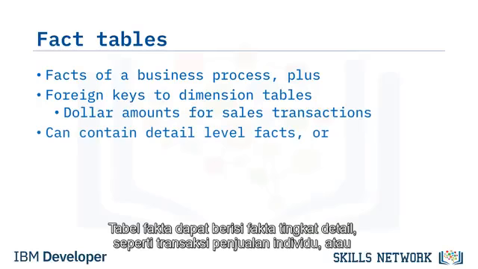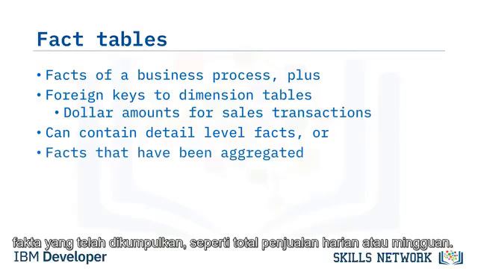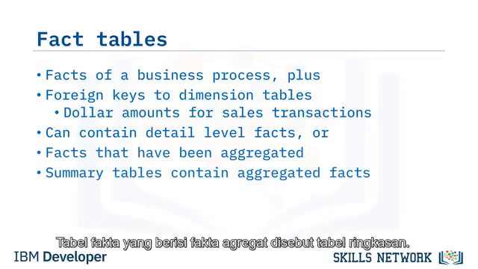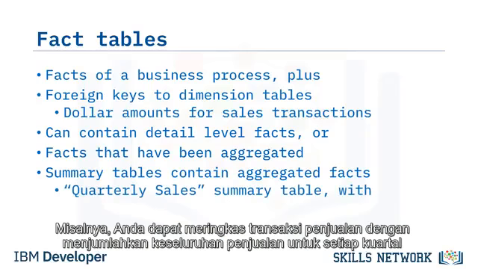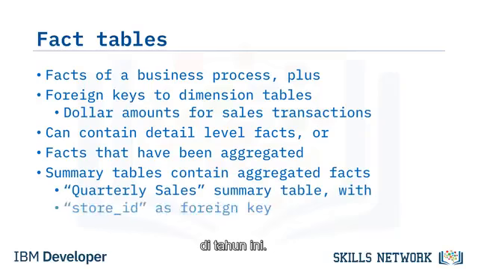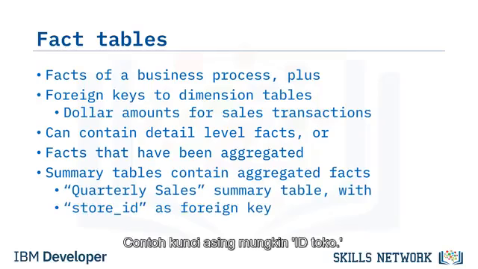A fact table can contain detail-level facts, such as individual sales transactions, or facts that have been aggregated, such as daily or weekly sales totals. Fact tables can contain aggregated facts and are called summary tables. For example, you could summarize sales transactions by summing overall sales for each quarter of the year. An example of a foreign key might be store ID.